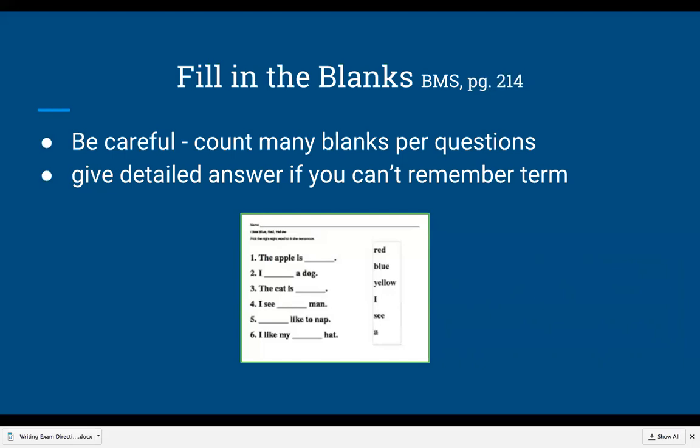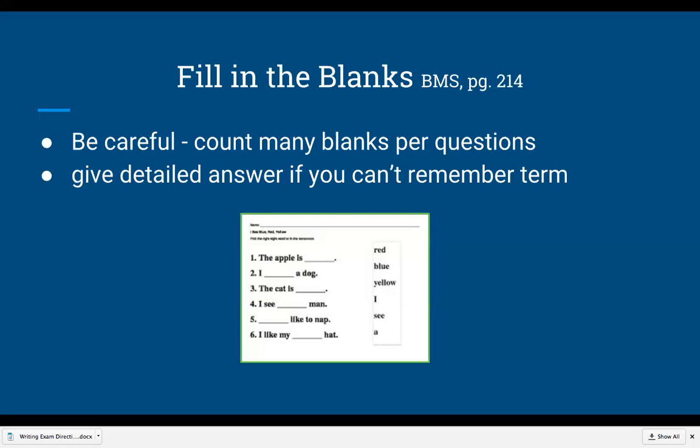So if you absolutely cannot recall a term or a concept to fill in the blank, I suggest, and your book also suggests, writing in the margin everything you know about that term. Do you remember what page in the textbook it is?